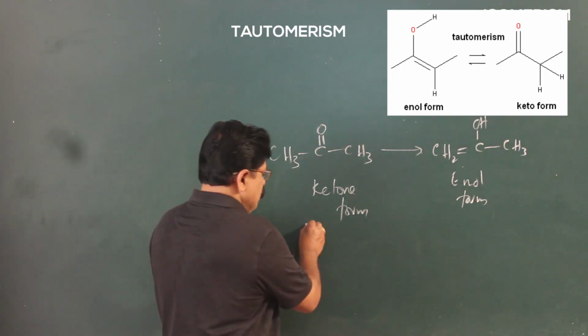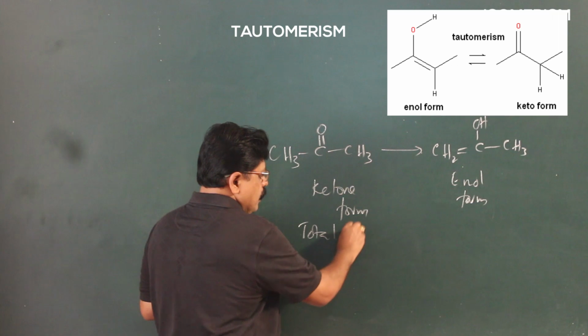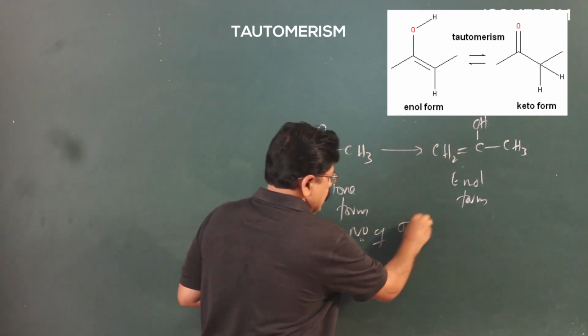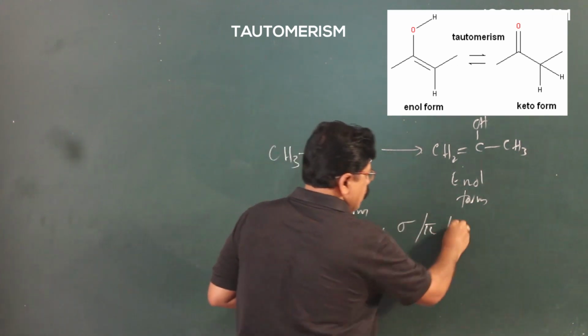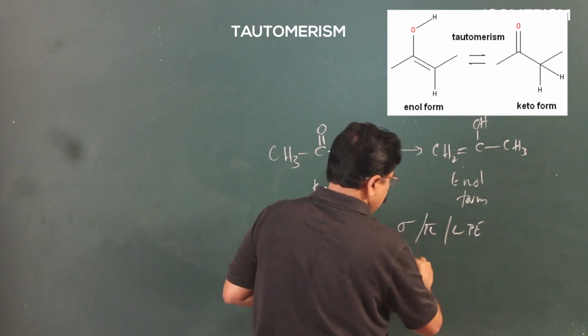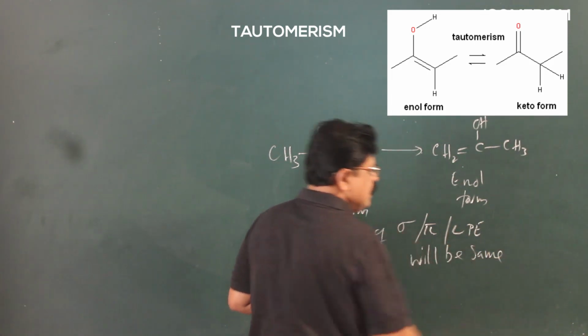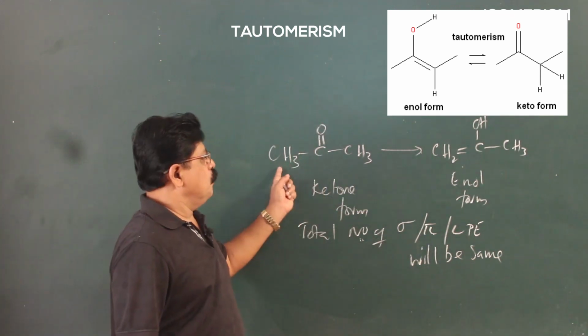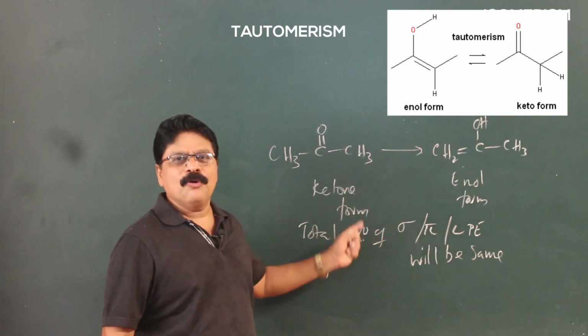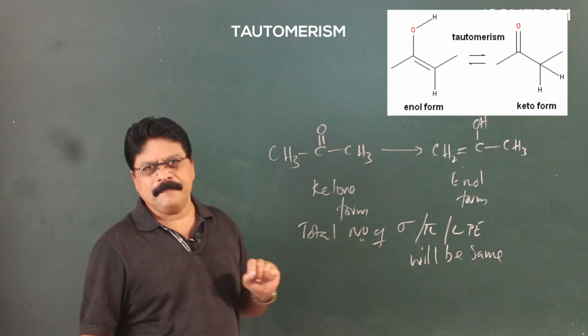Always remember, the total number of sigma and pi bonds and lone pair electrons will be the same. This you must always remember.